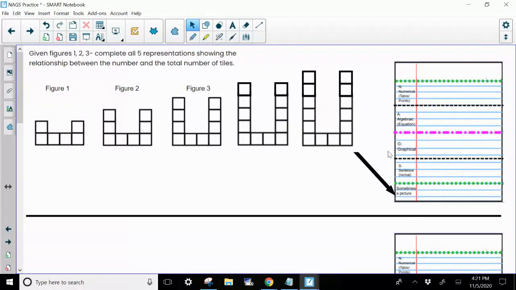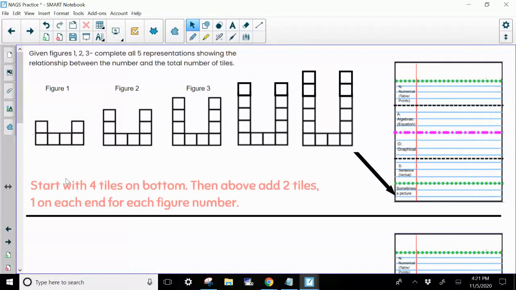Next, we're going to look at how we can put this into words for a sentence. So we need to look at this, and we can see that we start with 4 blocks on each diagram, and then it looks like we are adding 1 tile to each end above.